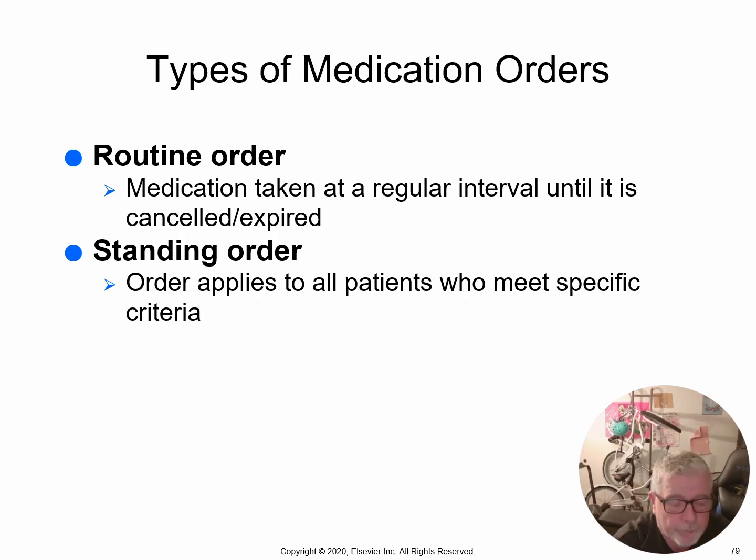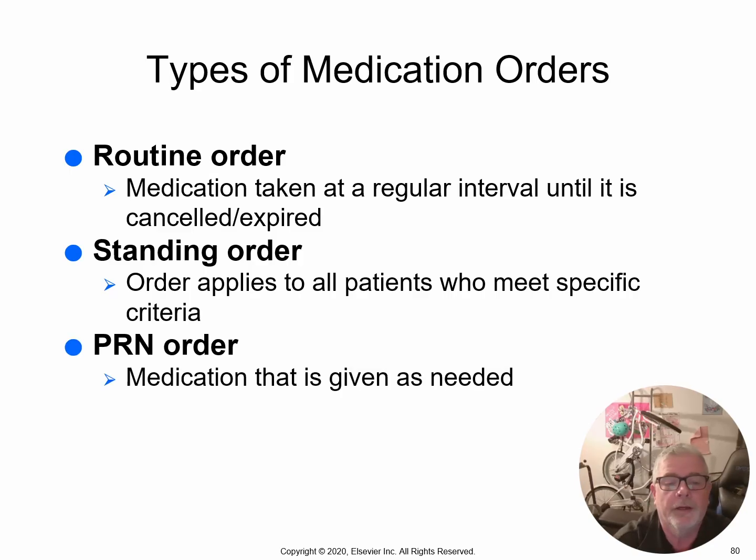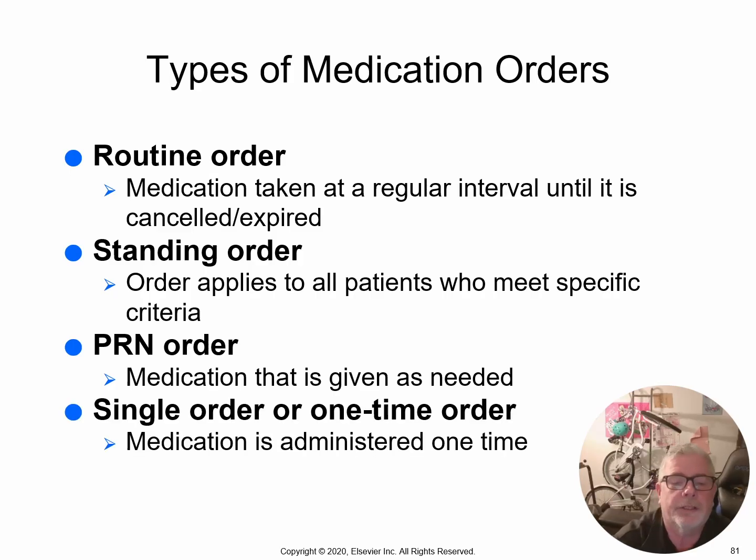Don't quote me on that though, because that's dependent on the policy and procedures of the establishment that you're working at. PRN, and I forgot what the actual letters stand for, but it basically means as needed. So you take a Tylenol or Advil every now and then because you're not feeling well. That's as needed. Whereas a routine order is something like an antibiotic that has to be taken on a fixed schedule.